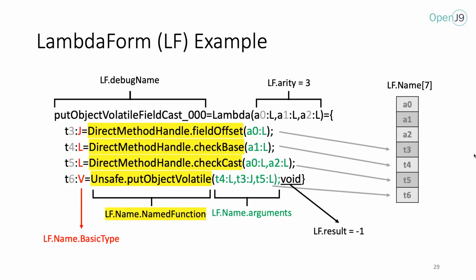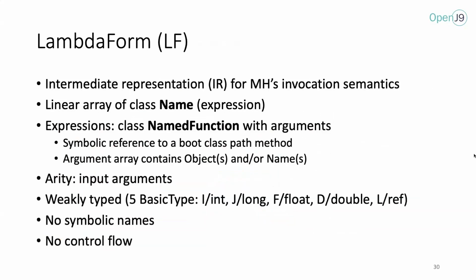The behavior of this lambda form will be discussed in more detail when we cover the MethodHandle's lifecycle stages in the next slide. So now in this slide, we again summarize what a lambda form is. It is an intermediate representation for MethodHandle's invocation semantics, what a method handle needs to do during invocation.